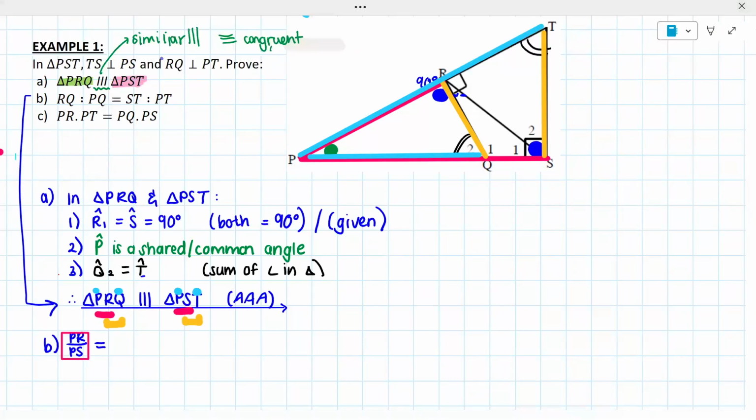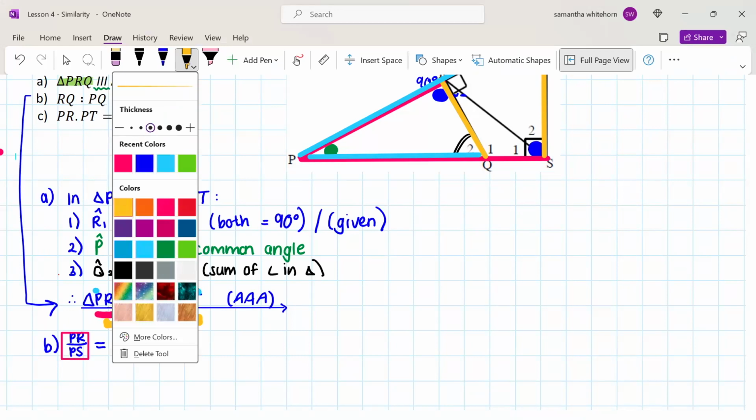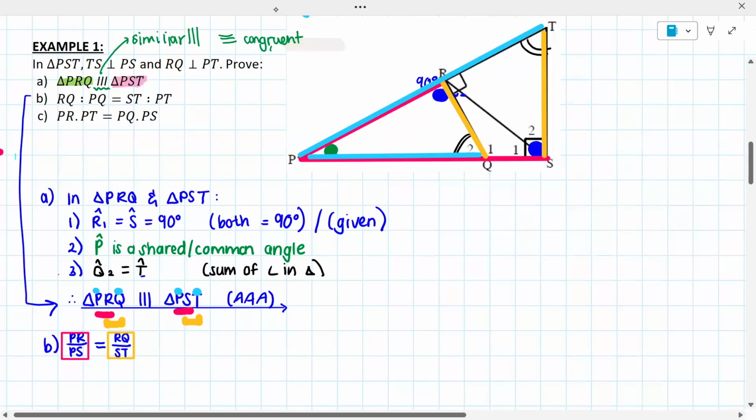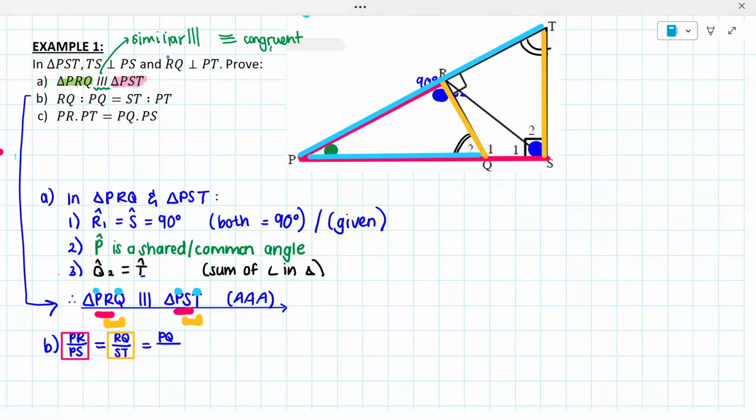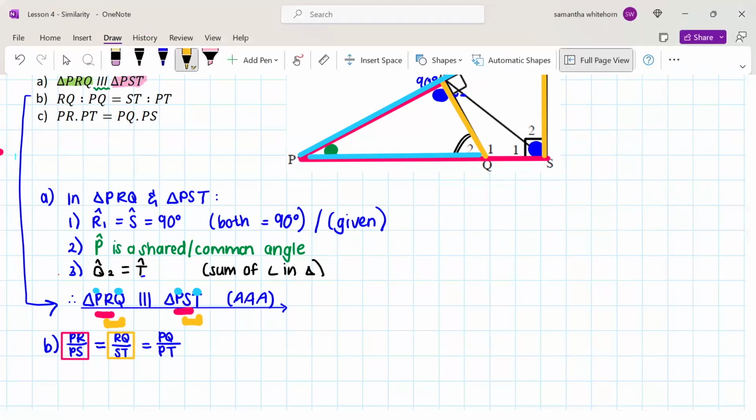That is in proportion to, because remember, similar shapes are in proportion, we go to the next two letters, RQ over ST. So that was the yellowy, orangey color that I used. Which is also equal to, because again, everything's in proportion, and it's the same proportion, PQ over PT, and that was the light blue that I highlighted.